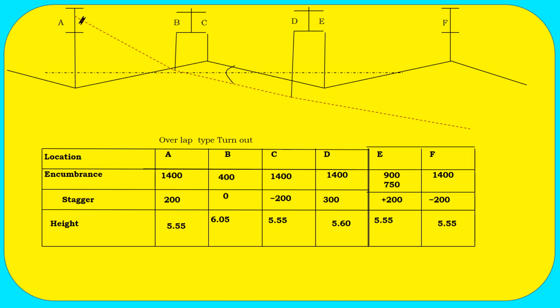This gap can be adjustable within 150 millimeter to 700 millimeter. But better adjustment is possible when your separation is 450 millimeter. You provide this mast at that location where the two tracks are separated by 450 millimeter.